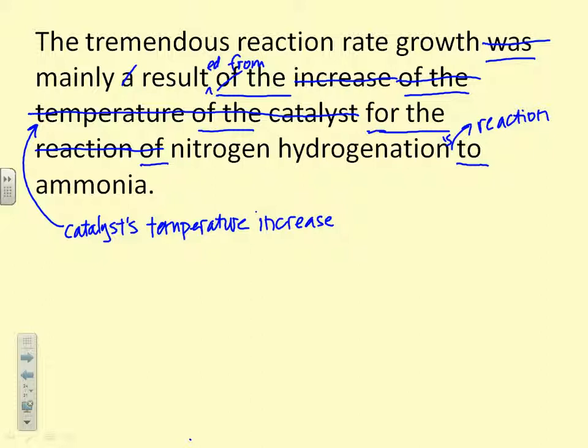We could actually base the entire last thing right at the first: the tremendous reaction rate growth of nitrogen hydrogenation to ammonia and the rest that we use. Okay, so I forgot how he said to change colors. So I won't do it.